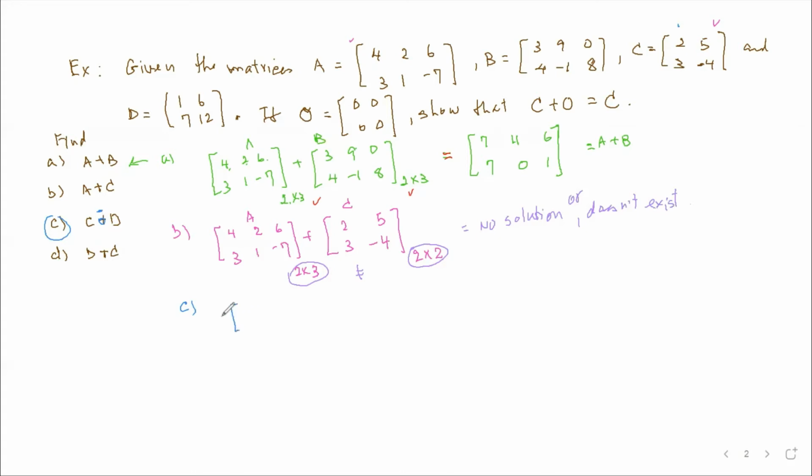You can write down C minus D here and equal to matrix C is this one, 2, 5, 3, 3 and -4. This is matrix C. And minus matrix D. Matrix D is this one, 1, 6, 1, 6, 7, 12.